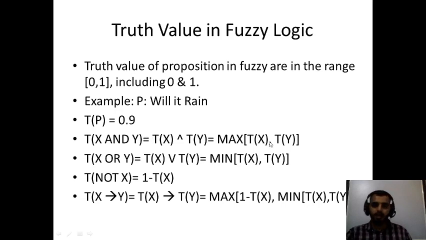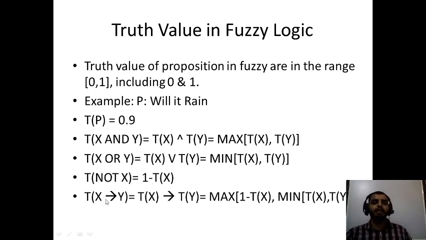Whereas in OR, the minimum value of t of x comma t of y is being considered. Whereas for negation, not x, 1 minus t of x is being considered.